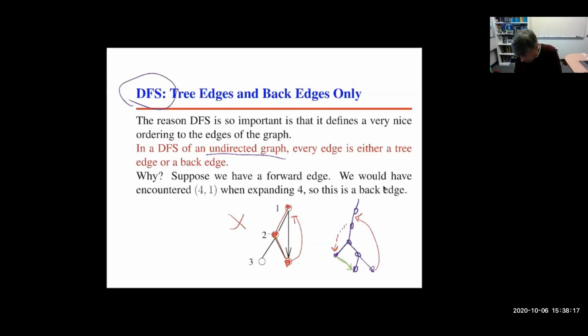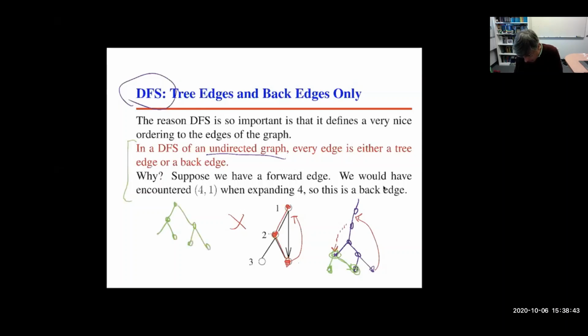No, because if there was an edge between this thing, when I processed this vertex, I would have discovered this guy. And that's how the thing would have looked. Okay? So the amazing thing that turns out to be very, very useful is that a depth first search organizes the edges of the graph in such a way that there is a tree of discovery.